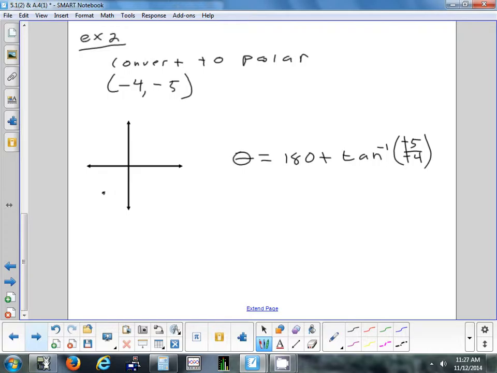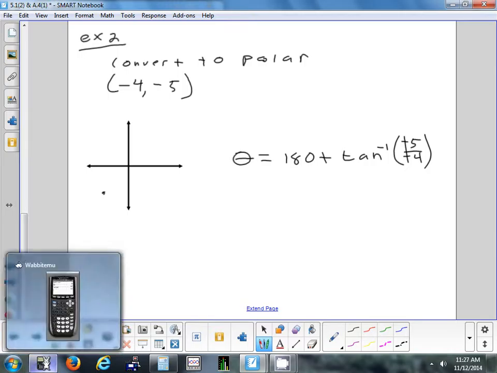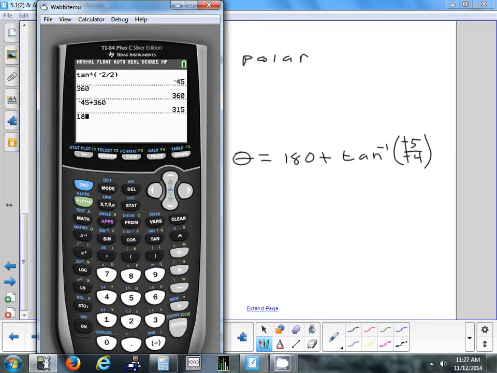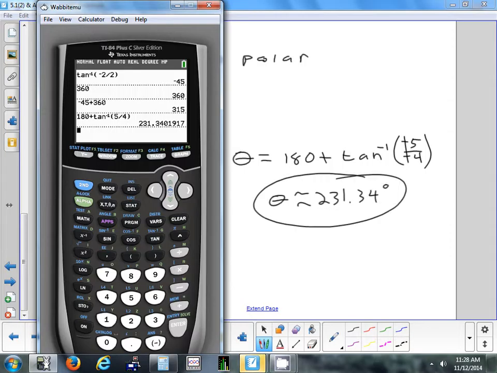So it's the 180 plus the inverse tangent of 5/4. We don't get a very nice answer here, and that's fine. So it's 231.34. So there's theta.